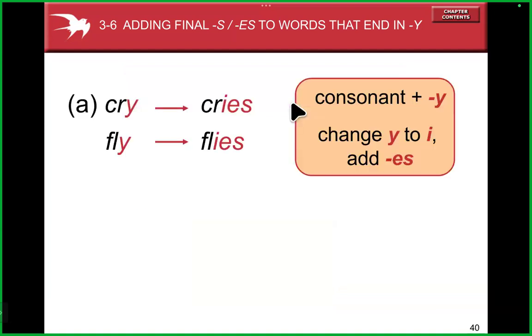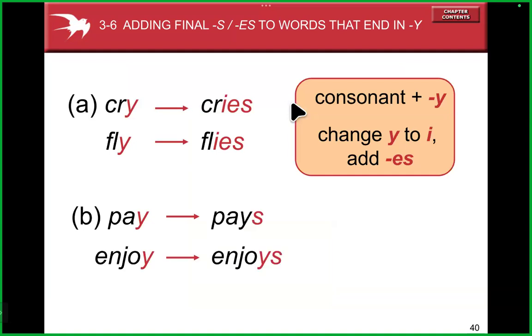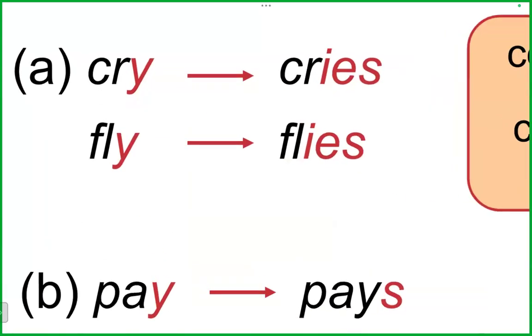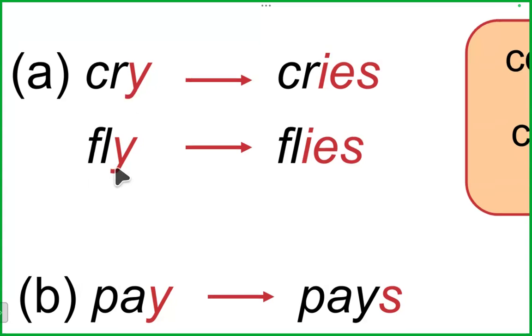Okay, what does it say about rule number 2 and rule number 3? I want you to focus here, right? Those verbs that end in the letter Y, you see, this letter in English is Y, in Spanish we call it i griega. For example, the verb cry and the verb fly.